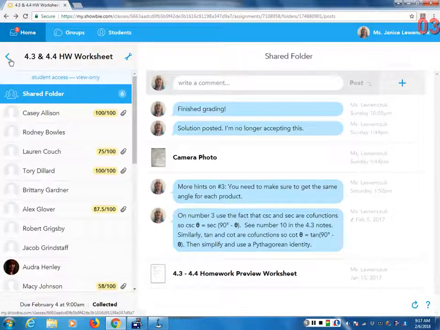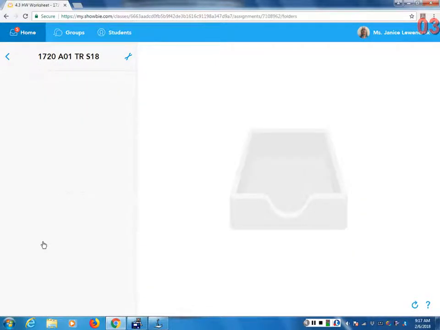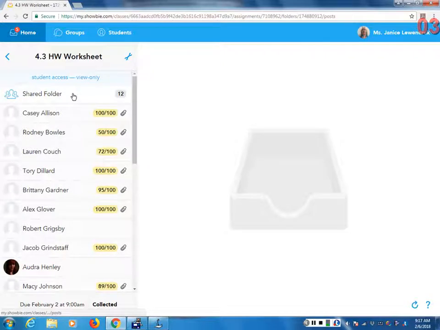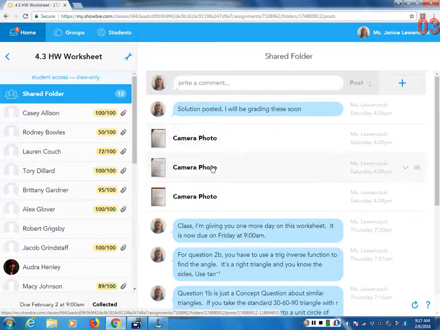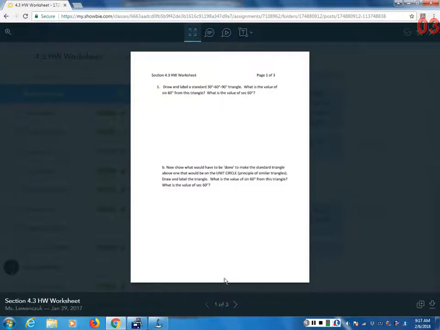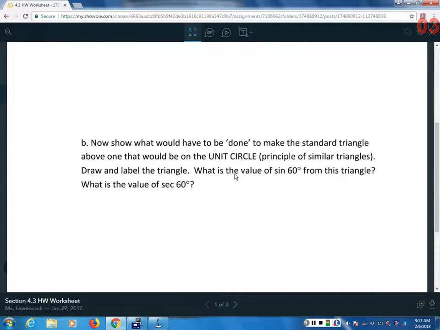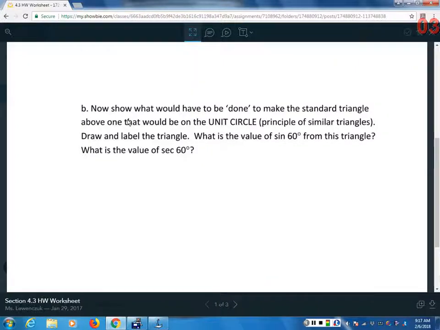On the 4.3 homework worksheet, you do need to know your standard triangles, have those memorized for the first part of the test, but there's not going to be a question like 1B that confused everybody.